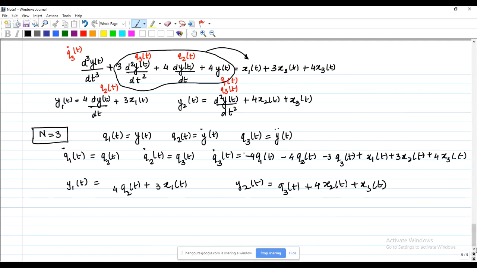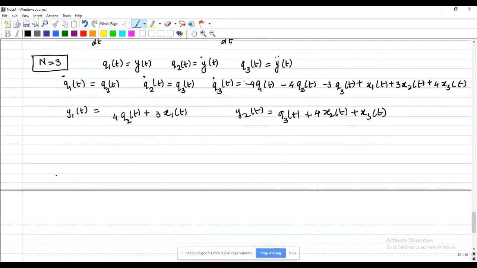Now combining all the equations together and writing it in the matrix form, that is the final form.